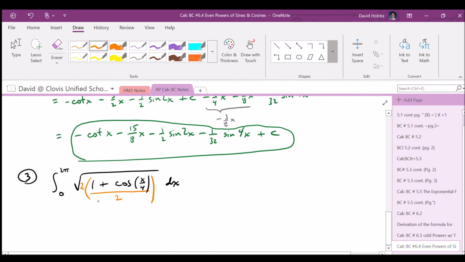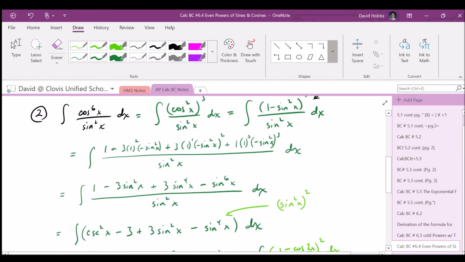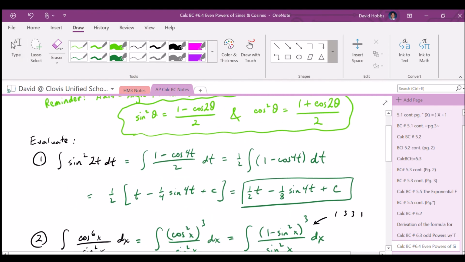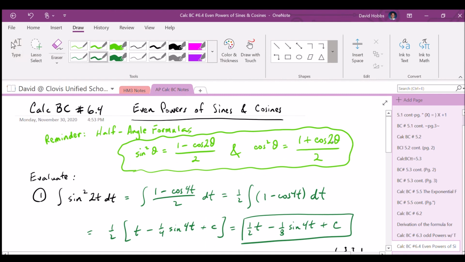But what's nice now is the 1 plus cosine of that angle over 2, I can substitute using my half angle formula. Well, what about the 2 out here? Well, that's just root 2, and so I can bring that out in front. So I have root 2, 0 to 2 pi, square root. And so now the 1 plus cosine of the angle over 2. Now this time I'm going the other direction, going from the 1 plus cosine 2 theta over 2 to the cosine squared theta.